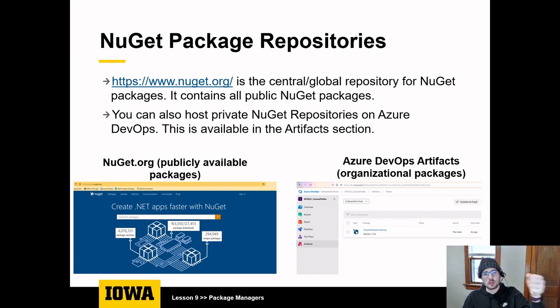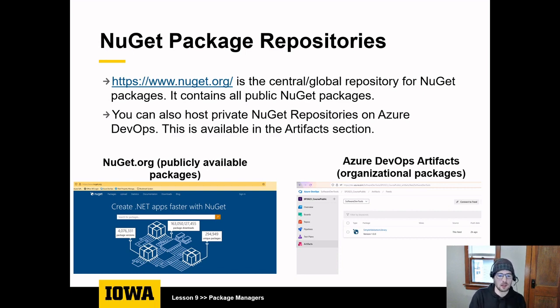But you can also host private NuGet packages, or internal organization-facing NuGet packages, and you can host these in Azure DevOps. In Azure DevOps, there's this artifacts section here. And in an Azure DevOps organization, you can add your own packages to share within your organization.